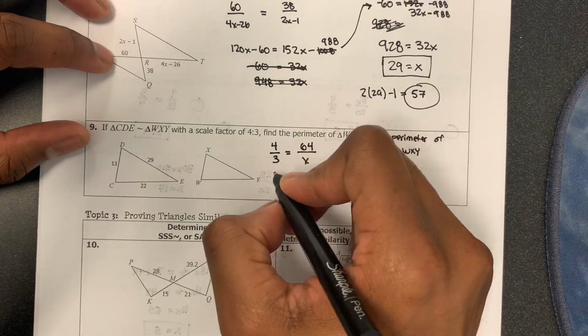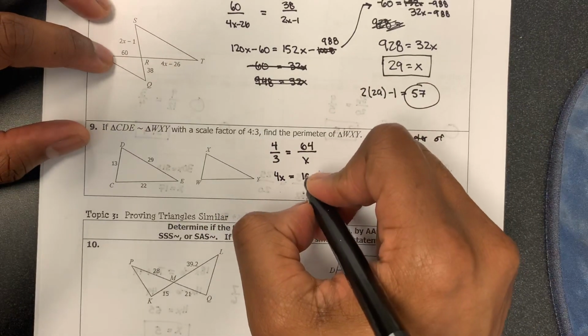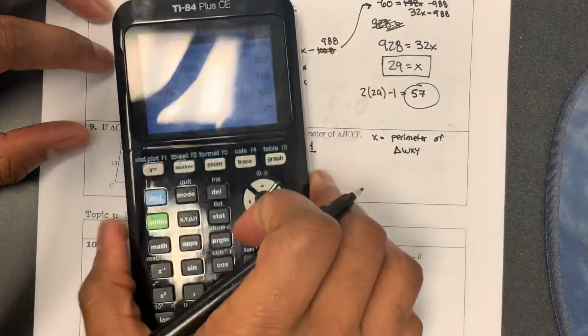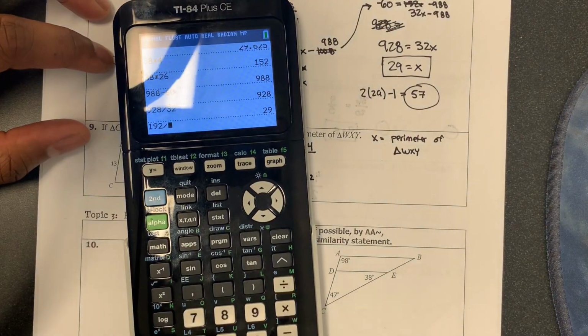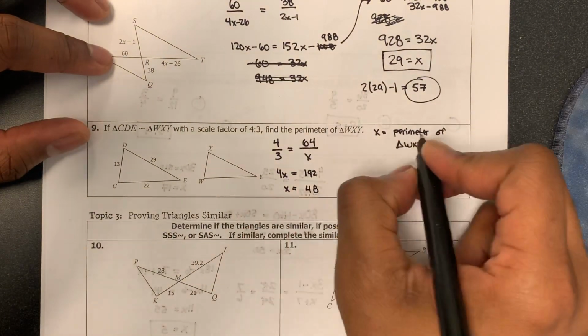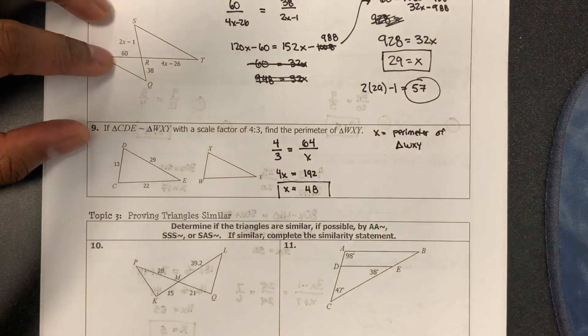We can cross multiply, we get 4x equals 3 times 64 is 192. So x is going to equal, I bet you, 48. 192 divided by 4 is 48. So x equals 48. So that means that the perimeter of WXY is 48.